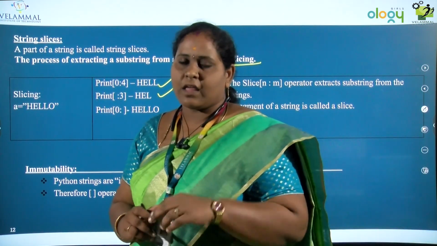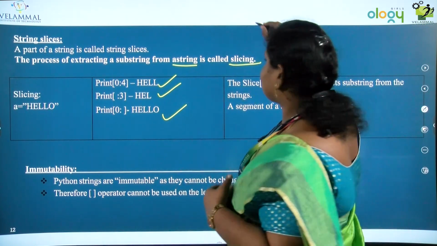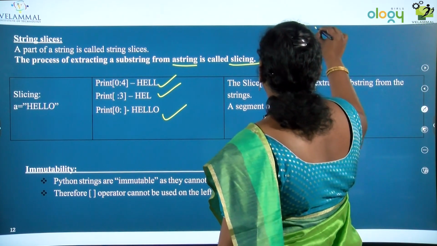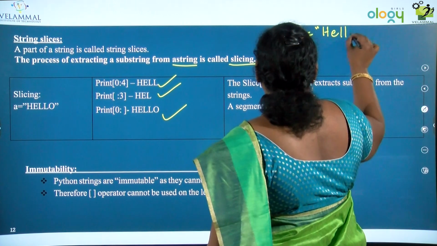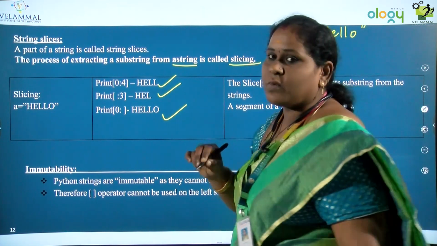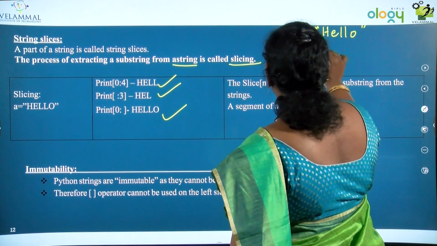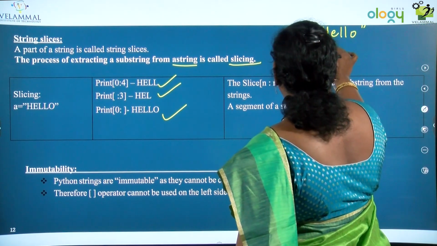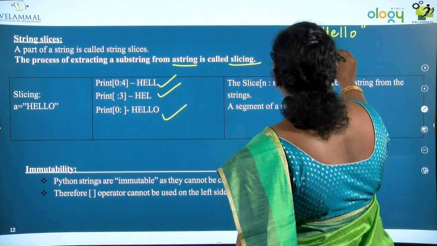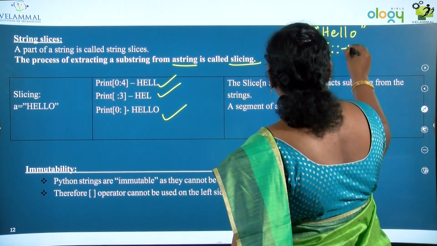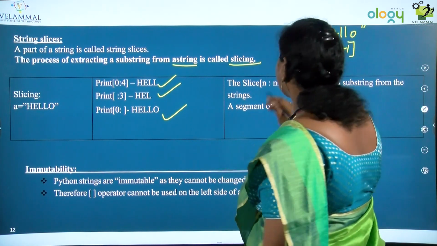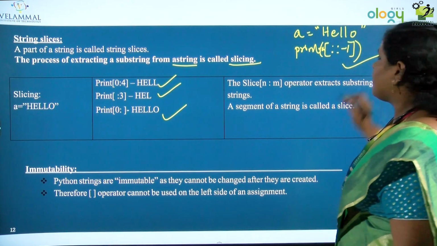Let me say how the syntax is going to work out. Let's see here. If I give A is equal to hello, I can reverse it. So let's see, print A of, double colon and -1. If I use this syntax, you can reverse your string.